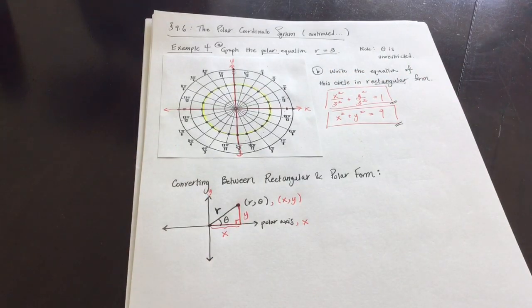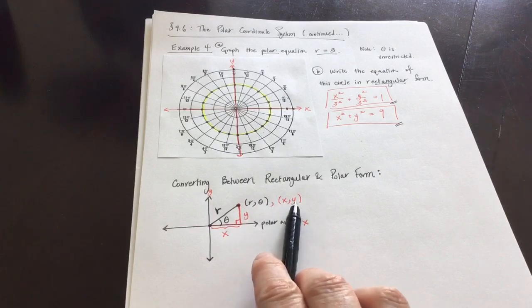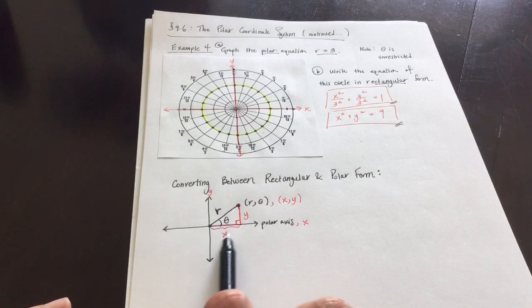And so if you look at this simple picture where all we did was look at the same point, but we looked at it as a polar point and we looked at it as a rectangular point, then you look at this little right triangle and you'll have all sorts of little identities that you can get from it. So for example, the cosine function.